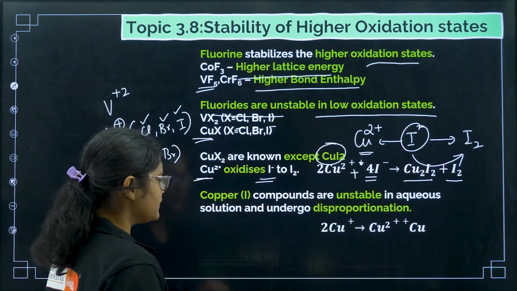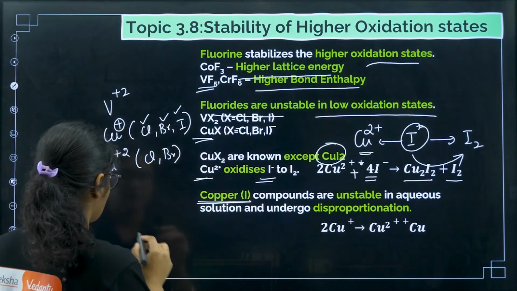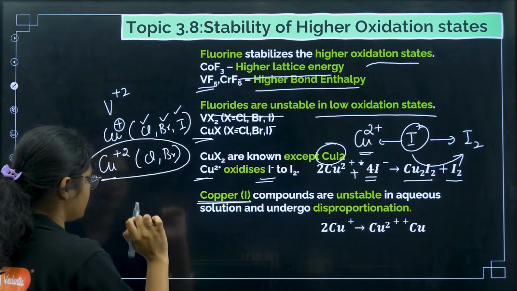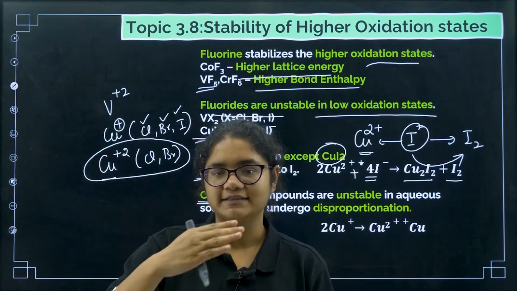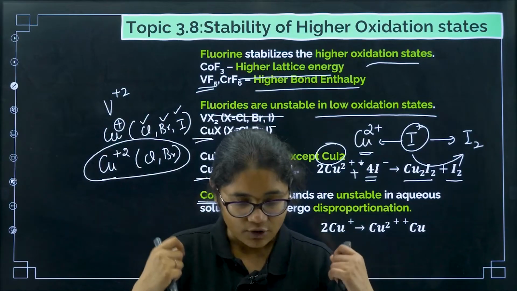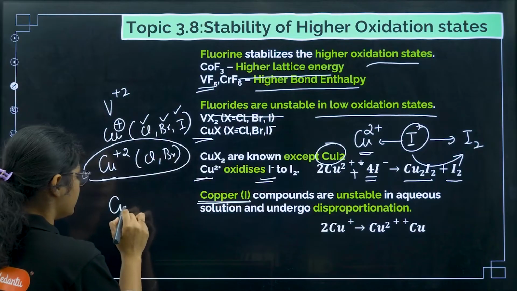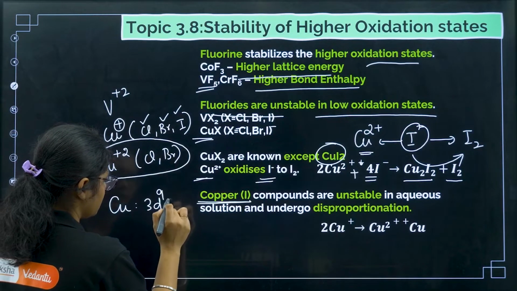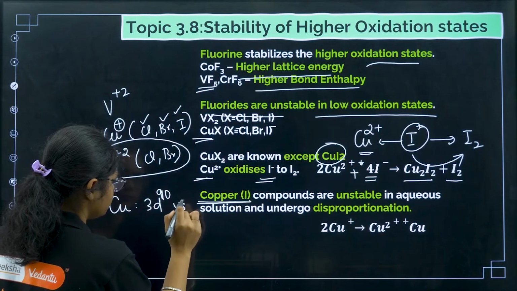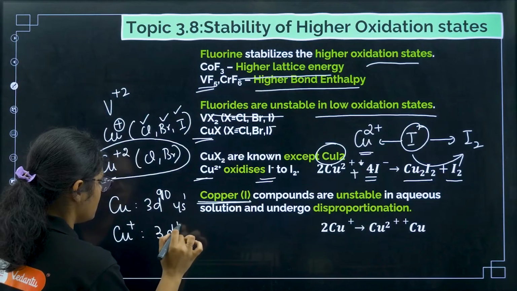Clear? Now we talked about some problems of copper 2+. What is the problem of copper 2+? It doesn't make friendship with I-. It oxidizes I- to I2. Now let us talk about copper +1. Copper's electronic configuration is 3d10 4s1. Cu+ configuration is 3d10, right?